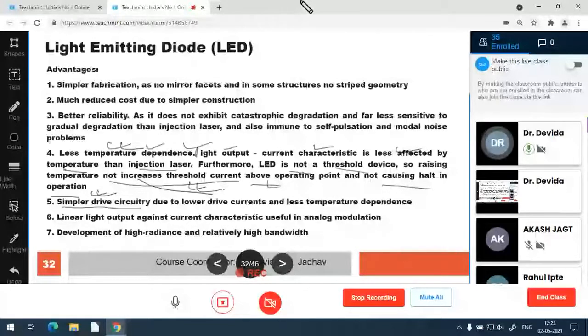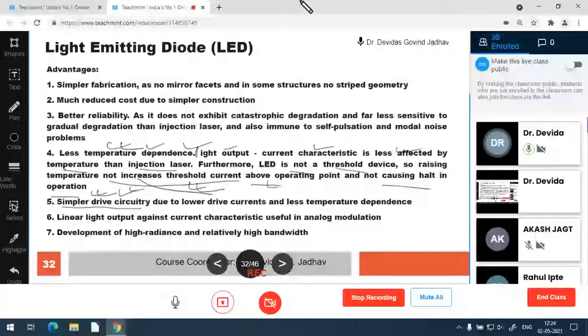Then next is simpler drive circuitry. As the laser requires a high power threshold current drive and, due to temperature dependency, a stable driving circuit, this is not at all required for the light emitting diode. You can bias a light emitting diode directly with a power supply. No other circuit components are required except one resistor for current limitation.